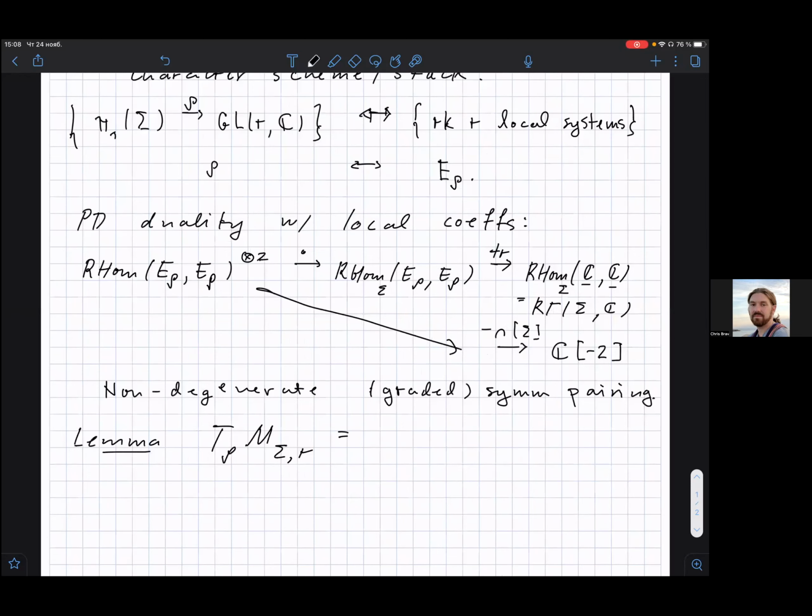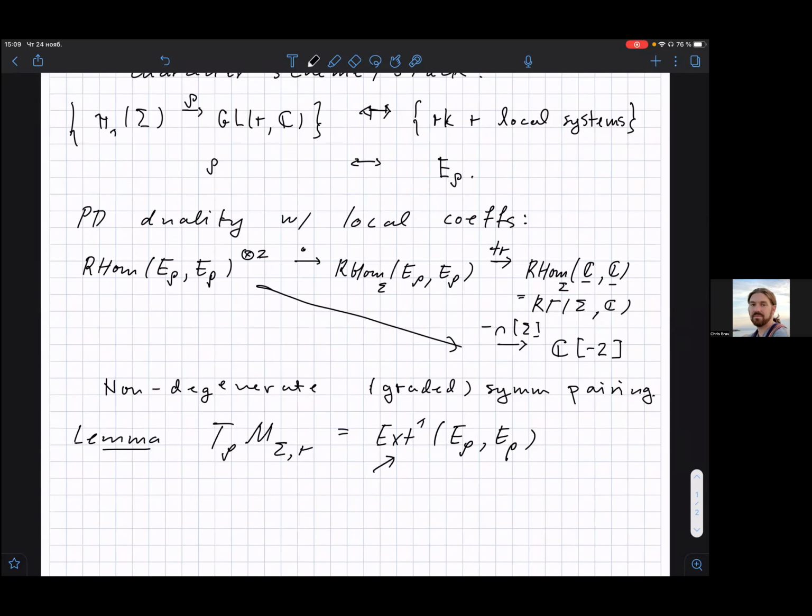The tangent space is given by deformations of the object, first order deformations. And when you're studying modules or representations, the first order deformations are given by the Ext1 from that object to itself. So these are the first order deformations.